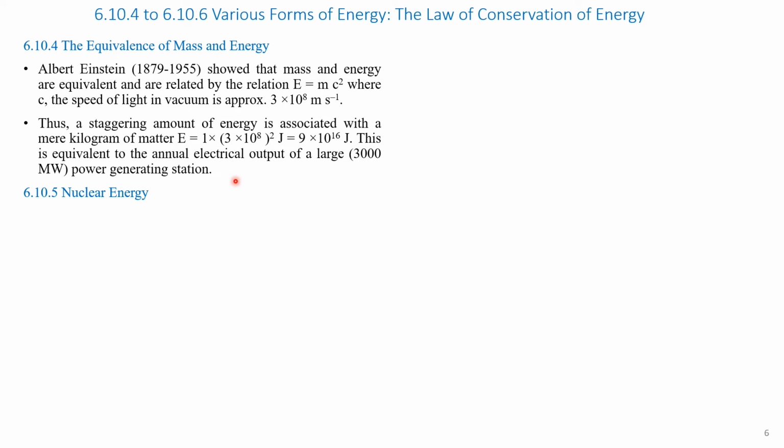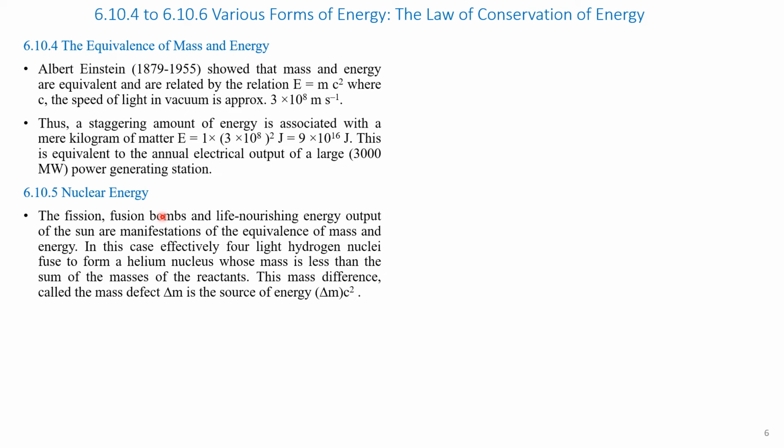Nuclear energy. The fission and fusion bombs and the life-nourishing energy output of the sun are manifestations of the equivalence of mass and energy. In this case, effectively, 4 light hydrogen nuclei fuse together to form a helium nucleus whose mass is less than the sum of the masses of the reactants.